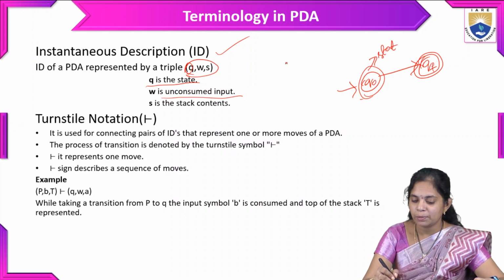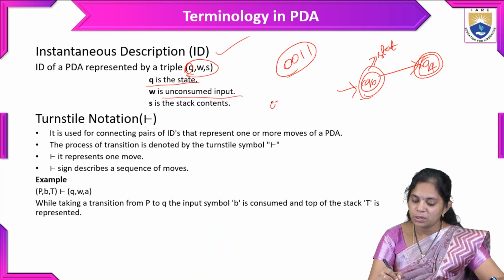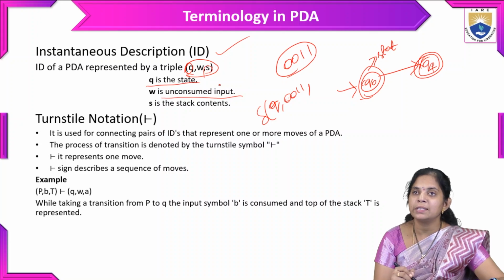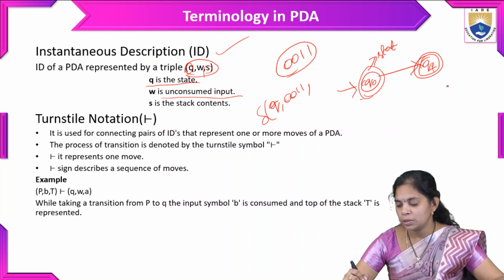Suppose here 0011 is there. Whatever string is there, we need to represent in the IDs. Suppose here delta of Q comma, the input string is 0011, and S is the start symbol. How are we going to design the PDA?